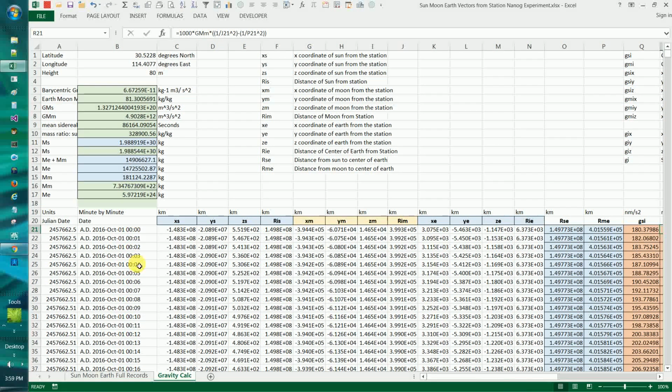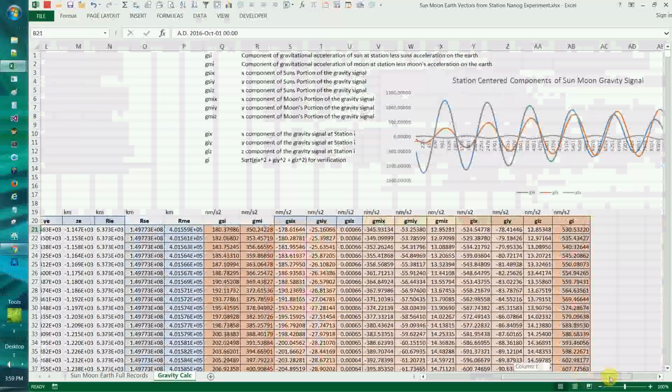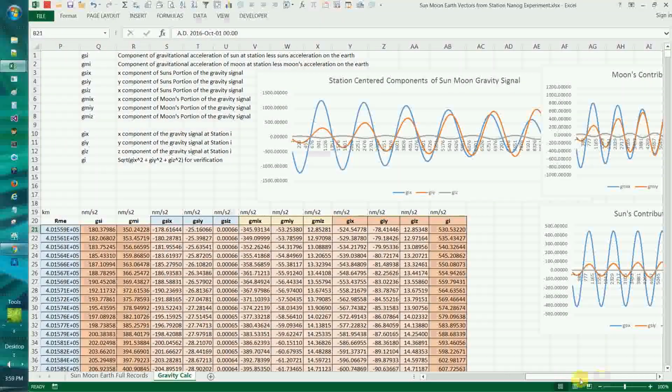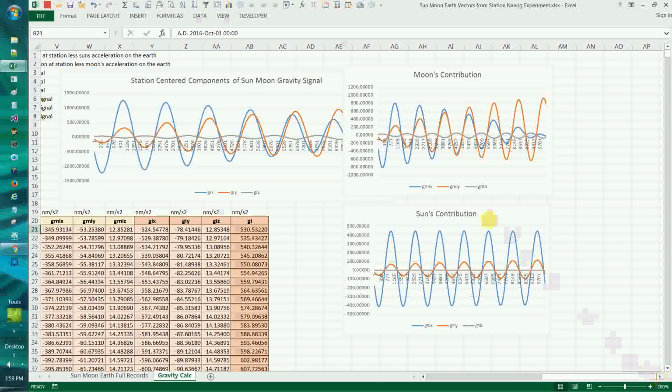So these are minute by minute from October 1st, 2016 to October 9th, 2016. So just 8 days' worth of information. I like to be complete and keep looking at things.